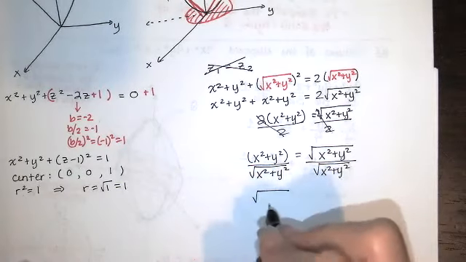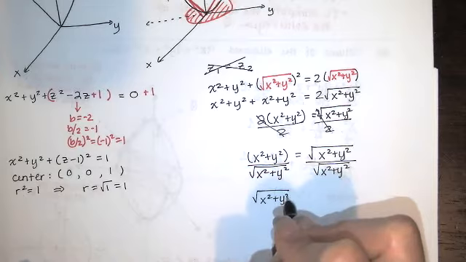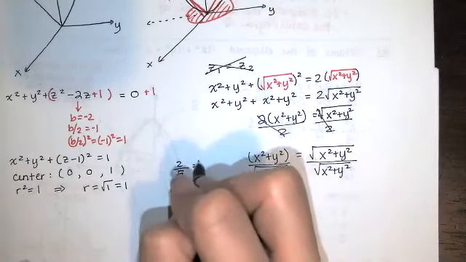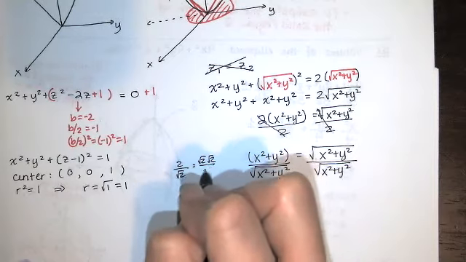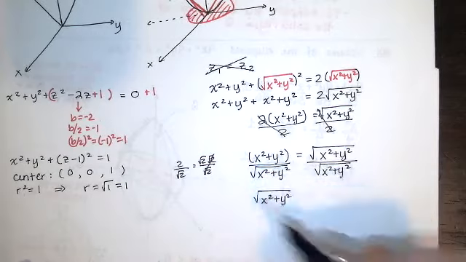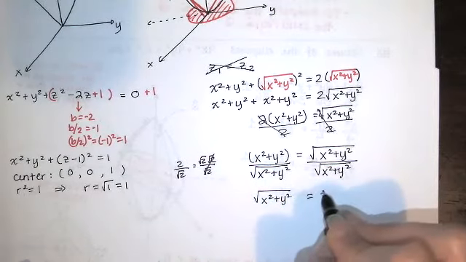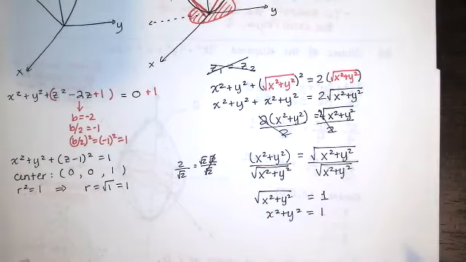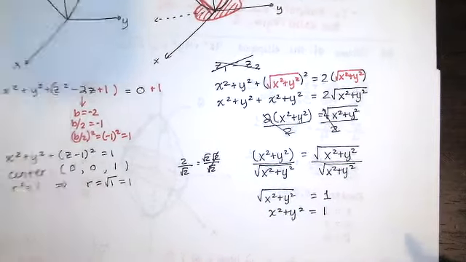Something divided by its square root is the square root of that something. Just for example, 2 over root 2 is root 2 times root 2 over root 2. So the root 2 is canceled and we're just left with root 2. Same thing is happening here. It's just a function of x and y instead. Now let's square both sides. Oh, that's not bad. It's just a circle of radius 1. Okay.